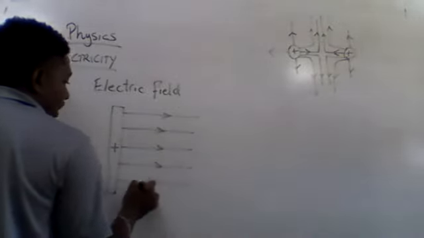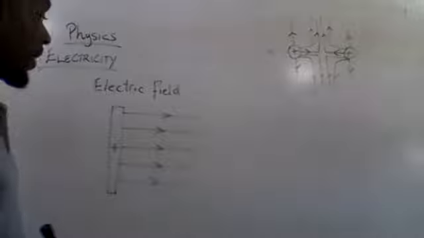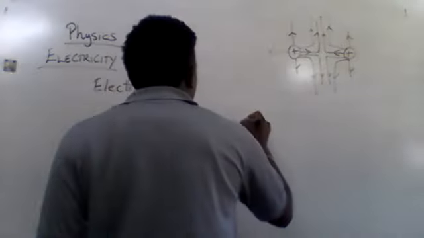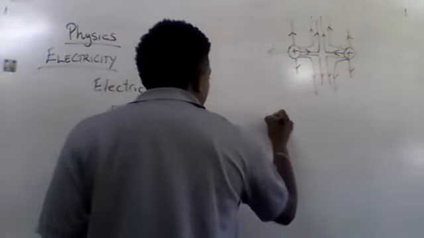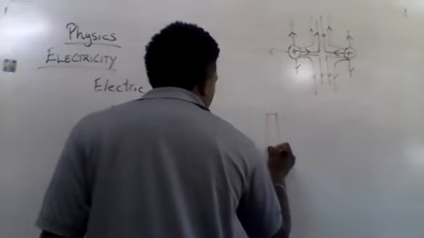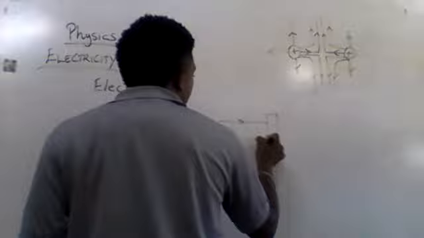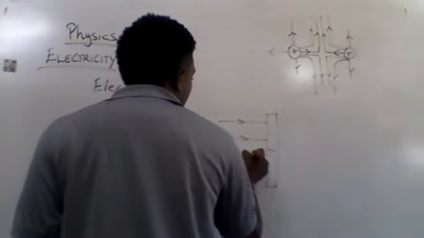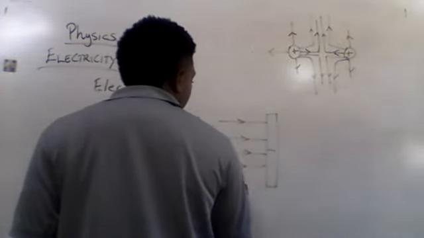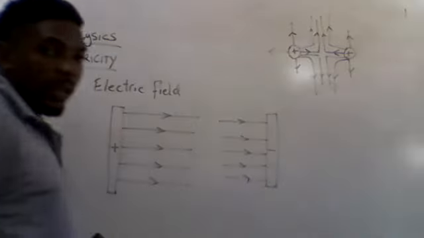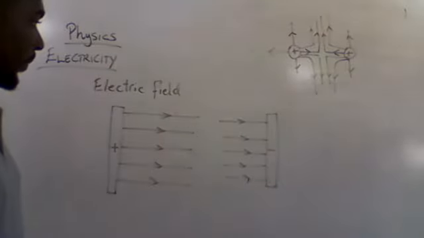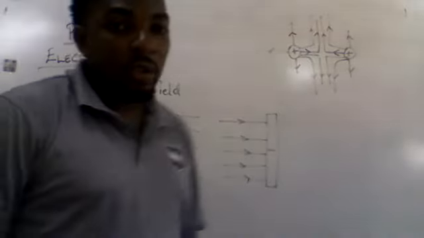The same thing happens if you have a negatively charged electrode: the field lines go towards a negatively charged electrode, in straight lines. So that concludes looking at field lines.